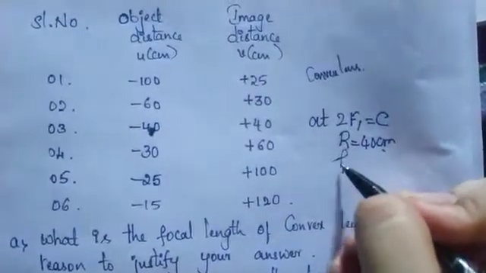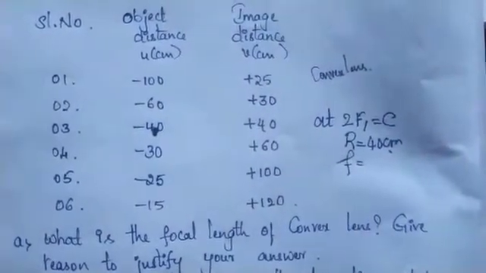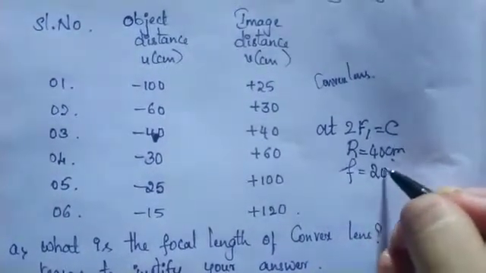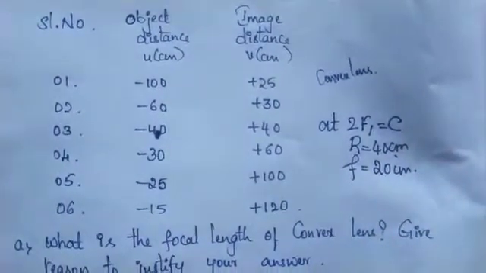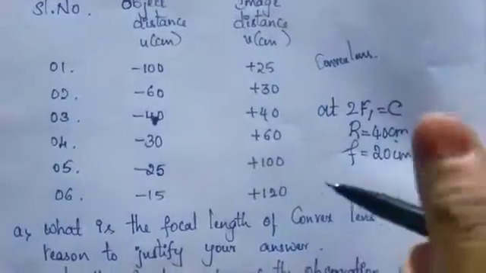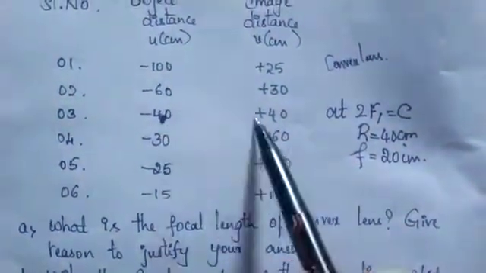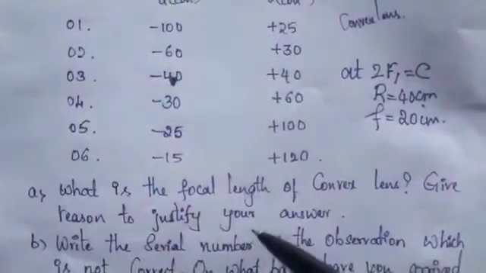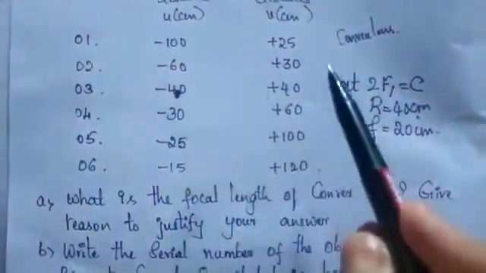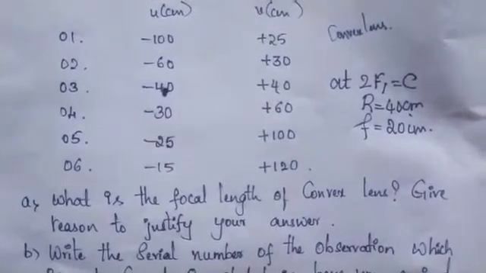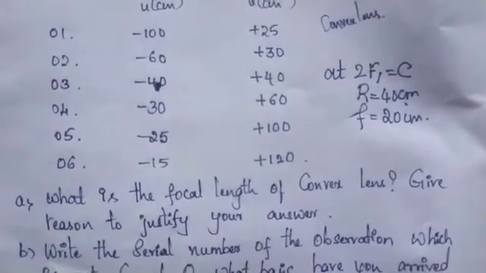Then you can find out the focal length here. Radius of curvature is 40 centimeter means focal length you will get as 20 centimeter. So easily, without doing calculation, by observing, half of the 40 centimeter is the focal length, 20 centimeter.